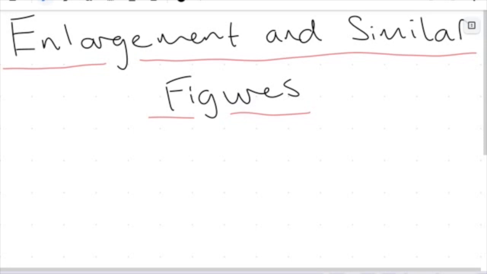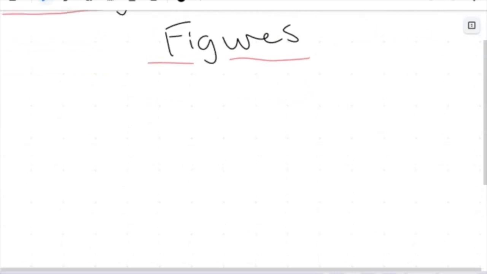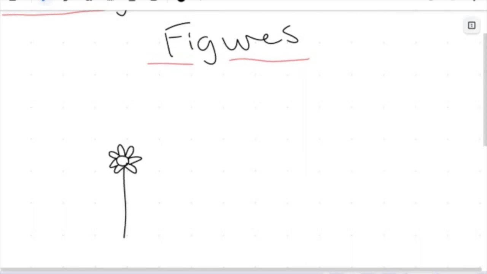Now think about when you enlarge something. Say you're walking in the park and you decide to take a photo of a flower. You see this flower in the distance, and you take a photo, and you realize, well, let's make this a bit smaller actually. You're really far away from this. So you go, I like this photo, but the flower's a little bit small.